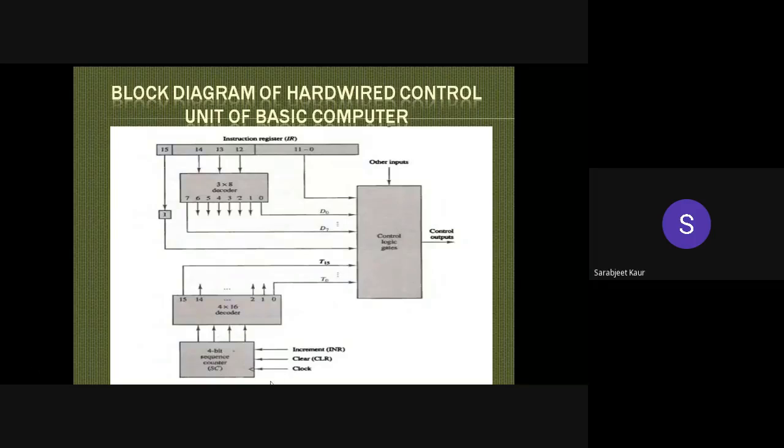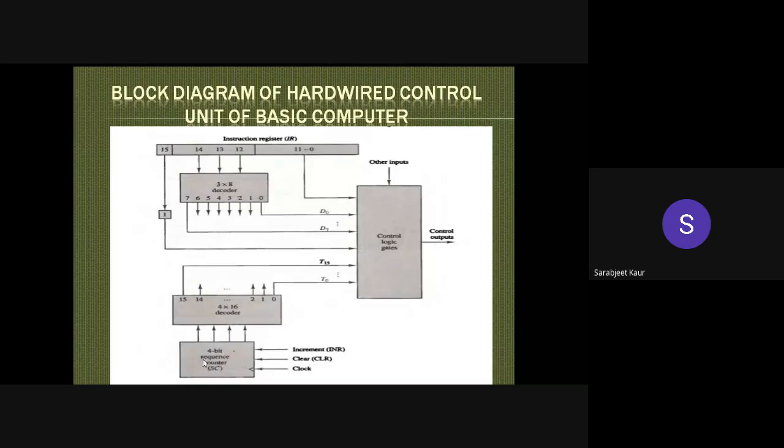Now please see why we are using this sequence counter here. This sequence counter is connected further to this 4 cross 16 decoder. Okay, now the 4-bit counting is being generated by this.